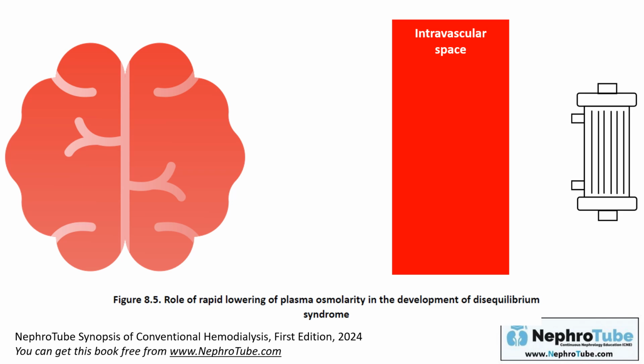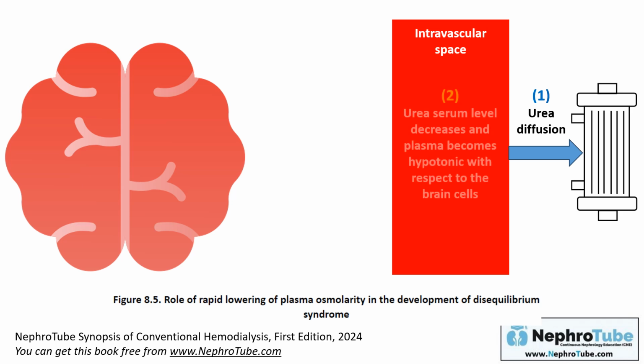As we mentioned before, during hemodialysis there is a reduction in plasma urea due to urea diffusion to the dialysate, which causes a decrease in urea serum level, and then the intravascular space osmolarity will be hypotonic in relation to the body cells, including the brain.